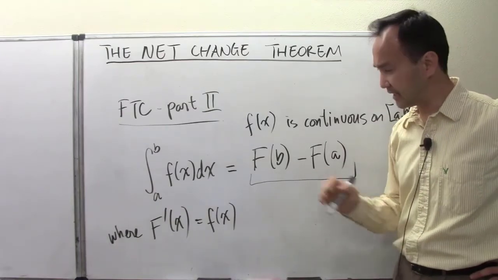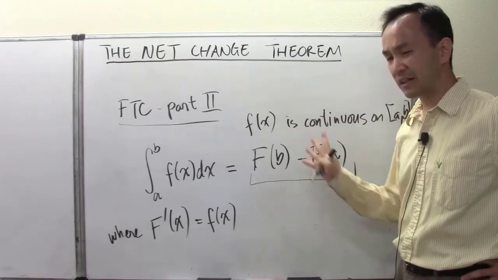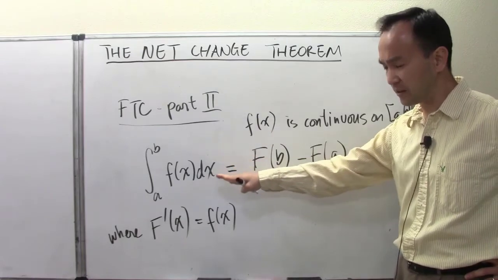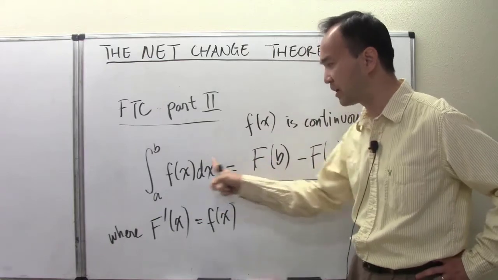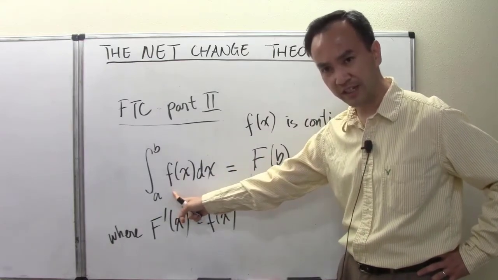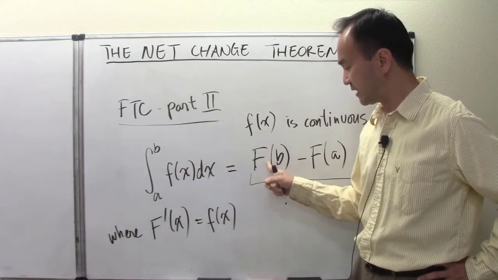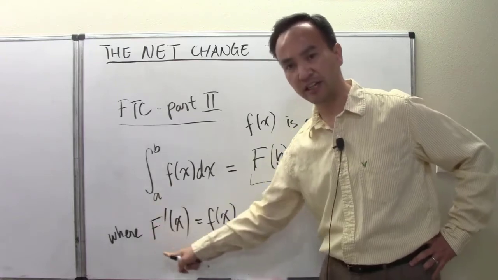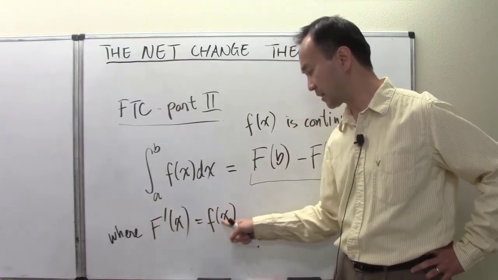Any of the other extra stuff in the standard wording of the theorem, allow me to skip. So as we focus primarily on the relationship between this capital F and that f, where we're taking the definite integral, capital F is the antiderivative. It's made clear in this relationship right here. The point is capital F prime equals f of x.